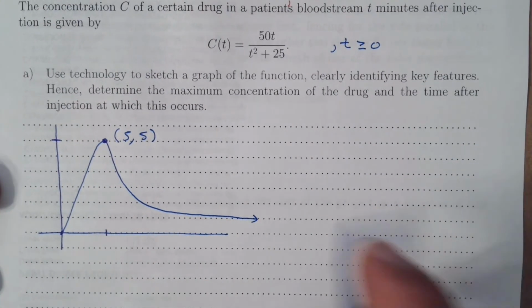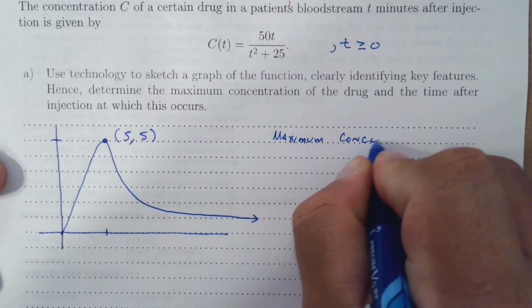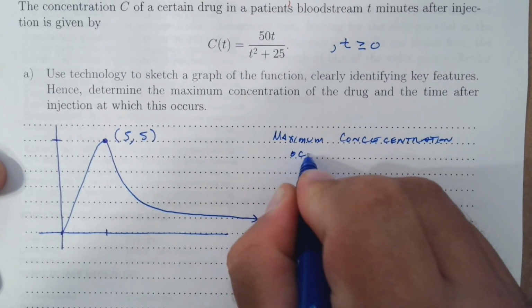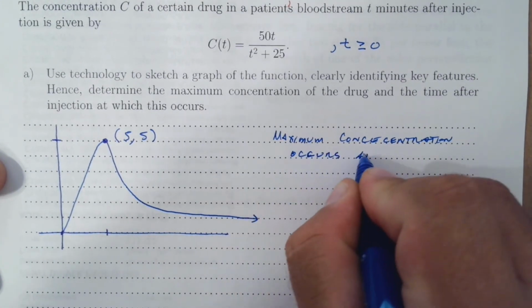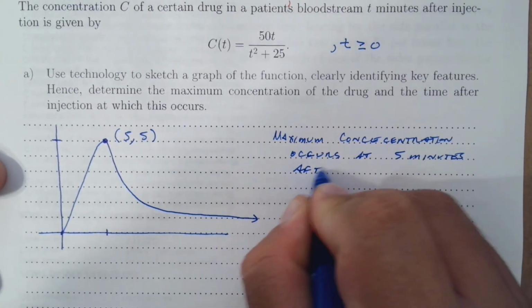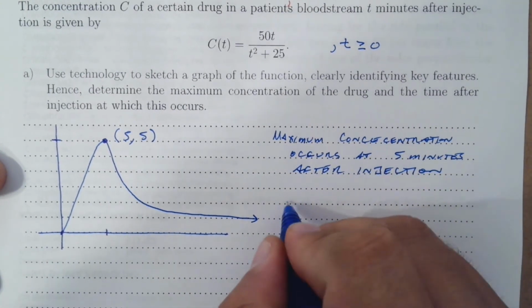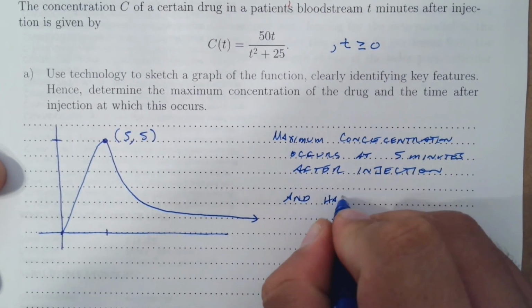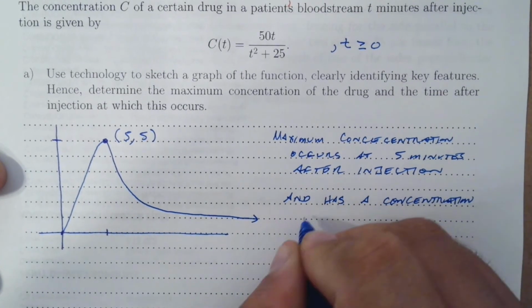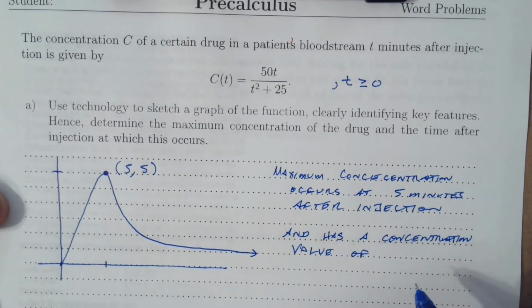This tells me that the maximum concentration occurs at 5 minutes after injection and has a concentration value of 5.